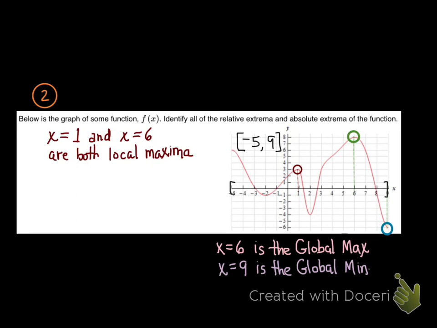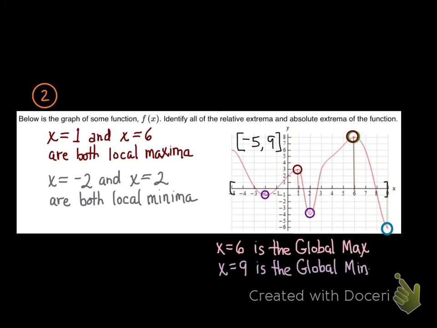What am I going to write next? Do you know? That's exactly right. X equals -2 and x equals +2 are indeed both local minima. They are both bottom of valleys. Okay, so we've really taken care of everything here.